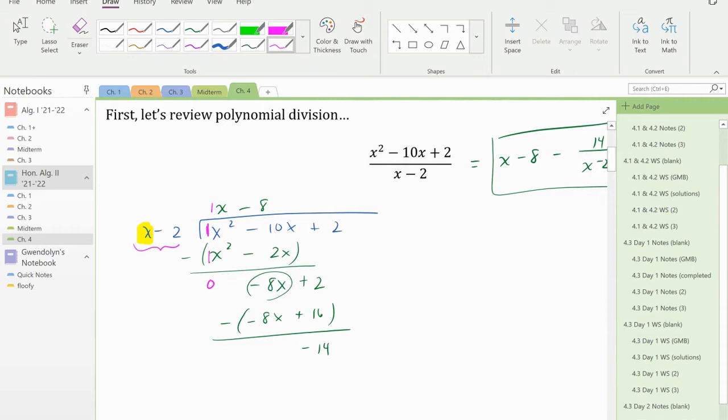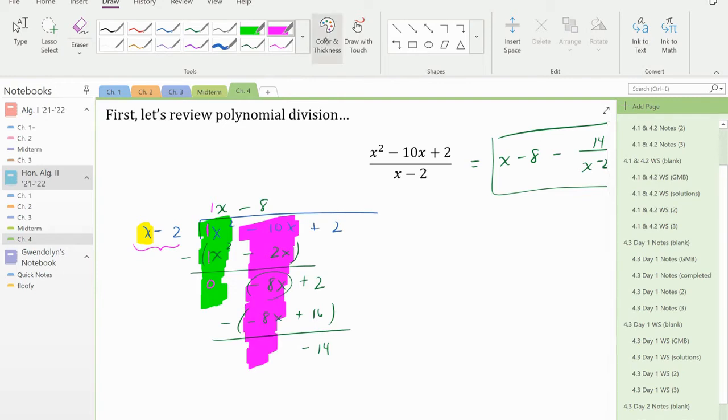Like the x squareds and the x's, they sort of disappear in importance when you have everything lined up perfectly. Like everything in this column had to do with x squareds. And everything in this column has to do with x's.